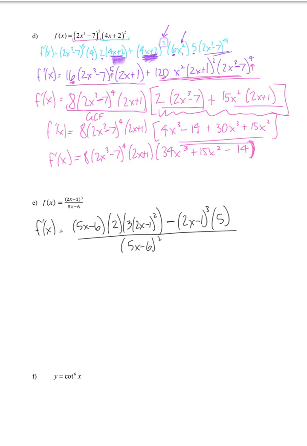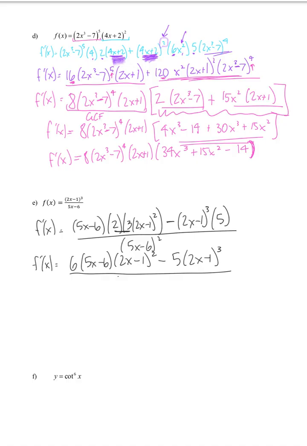This is definitely going to need some cleaning up. There's a 6 here. So it looks like I may have 6 times (5x - 6) times (2x - 1) squared minus 5 times (2x - 1) cubed, all over (5x - 6) squared.